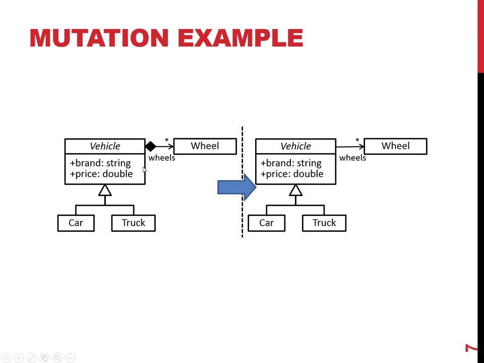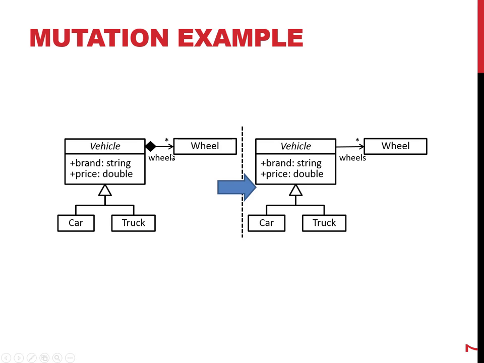We can see in this slide an example of the application of this mutation operator, which retypes a relation. This seed model describes a UML class diagram for vehicles. A vehicle has a brand and a price and can be either a car or a truck.